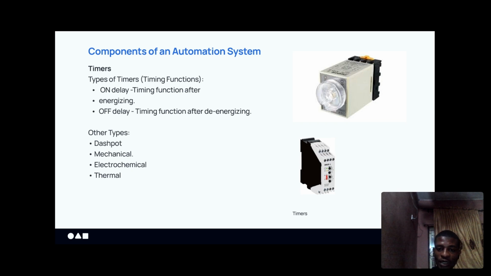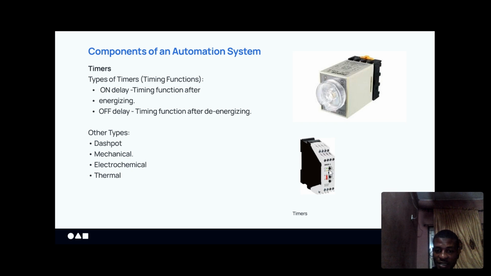You connect either your AC source or your DC source to the coil of the timer, A1 and A2. For on delay, after the coil is energized, that is when it starts counting its on delay functionality. For off delay, after the coil is de-energized, that's when it starts counting the off delay. There are timers that have both functionalities, both on and off delay.